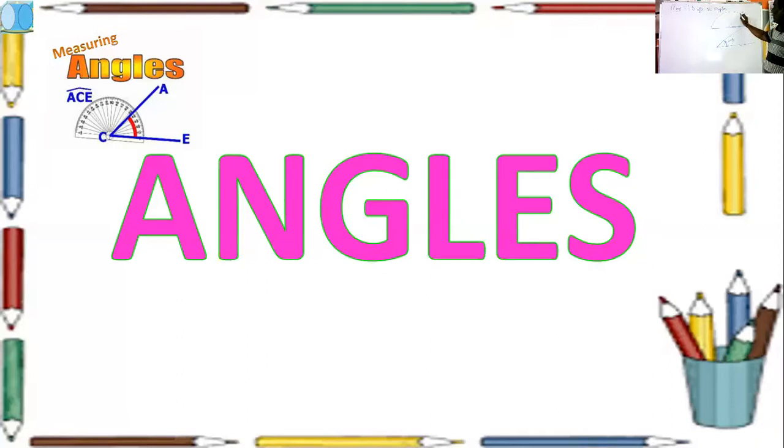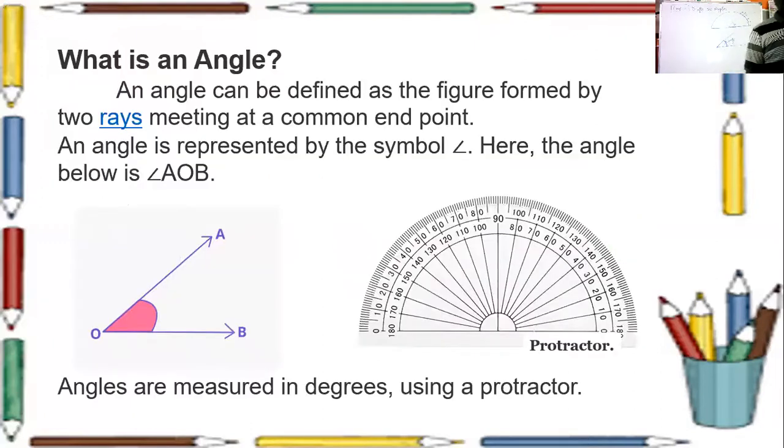If this line coincides with 50, then 50 degrees is the angle. Using a protractor, we find the angle. It is an easy method. The protractor will be available in your geometry box. You can see it is in the shape of a moon.